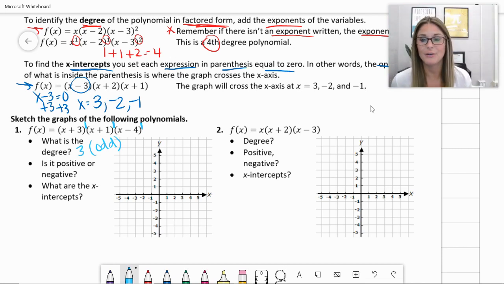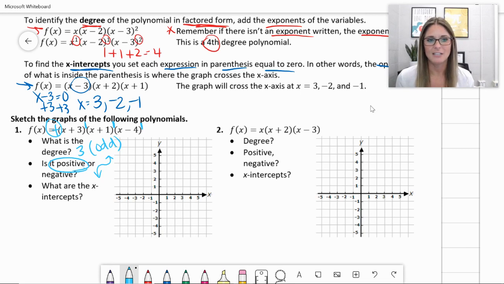The second thing I need to know is whether it's positive or negative. Just at the very beginning of your function, look and see if it's positive or negative. This one is positive. So I already know my arrows are in opposite directions, but it should be down on the left and then up on the right to show positive odd.